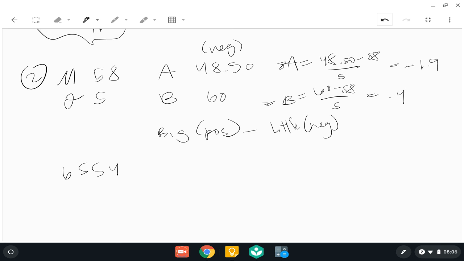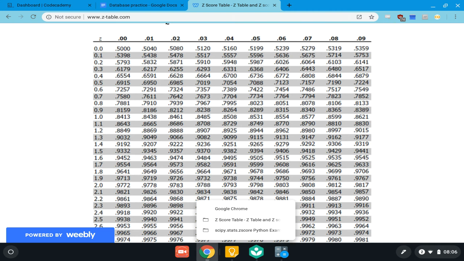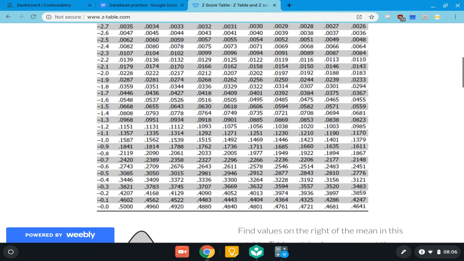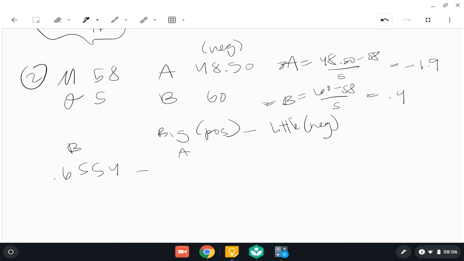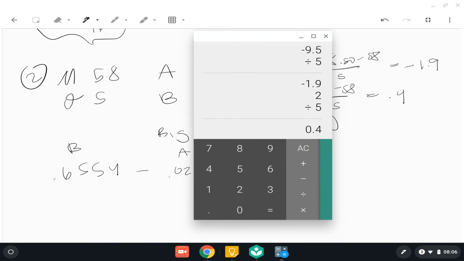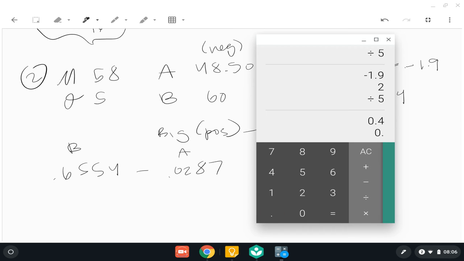This is B minus A, which is negative 1.9, 0.0287. So 0.6554 minus 0.0287.